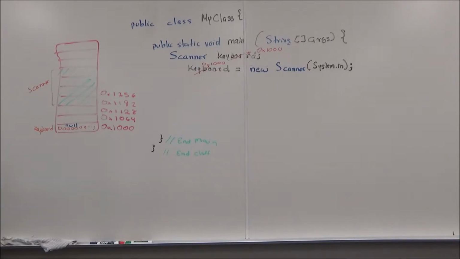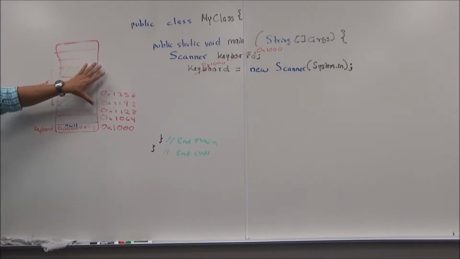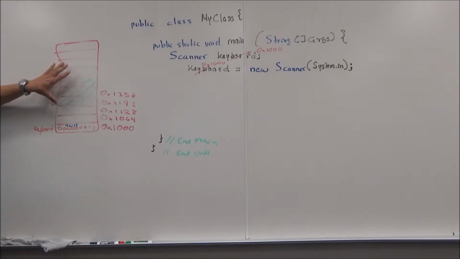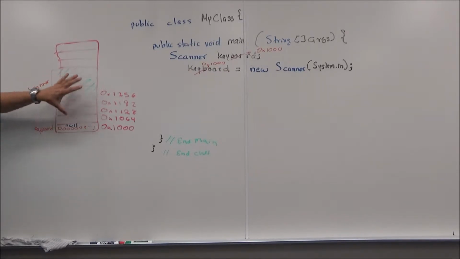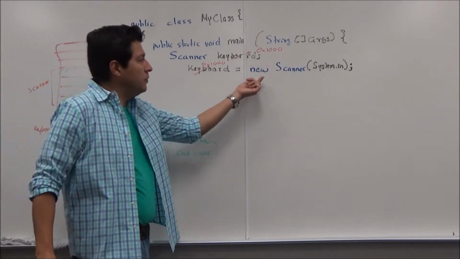All objects are different sizes. The key is that whatever object it is, it's in a contiguous amount of space. So it finds a hole that fits the Scanner and it grabs that chunk of memory. And that's what this new does.